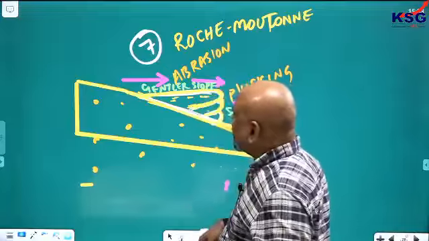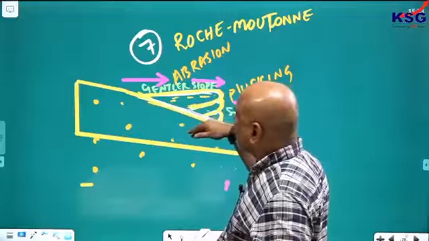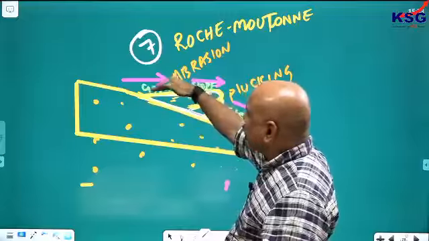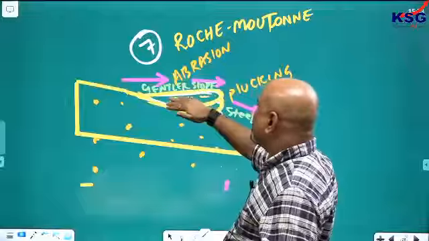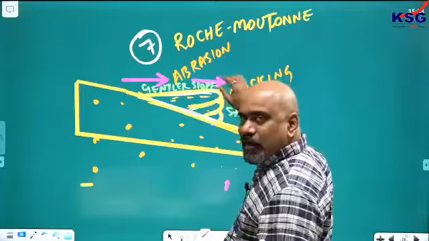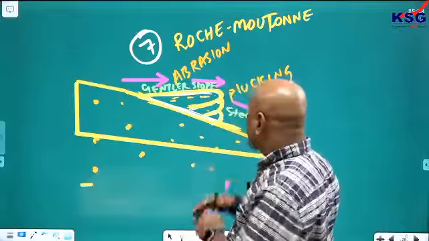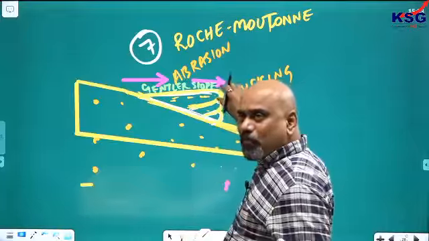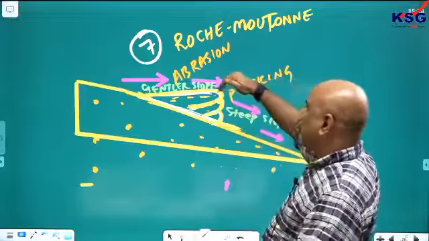So what happened here? While the glacier moves, if there is no blocking, it will move on averaging. Suddenly, maybe you have a weaker rock, there is more plucking here, more abrasion. Plucking also will be there. Plucking pulls away, why?